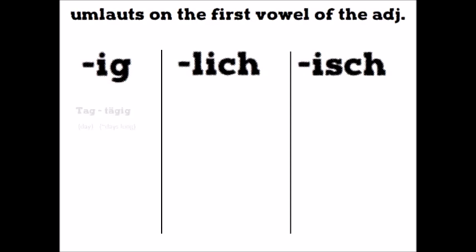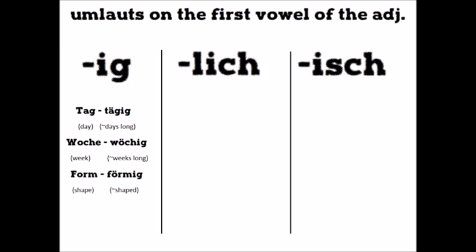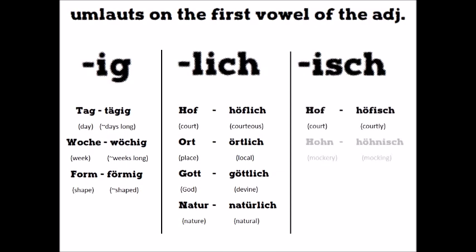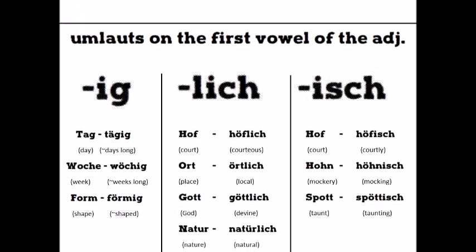For example, Tag, tägig, Woche, wöchig, Form, förmig, Hof, höflich, Ort, örtlich, Gott, göttlich, Natur, natürlich, Hohn, höhnig, Spott, spöttisch. Now let's look at 4 important suffixes that add a specific meaning to the adjective.